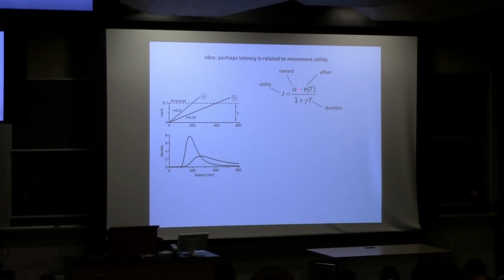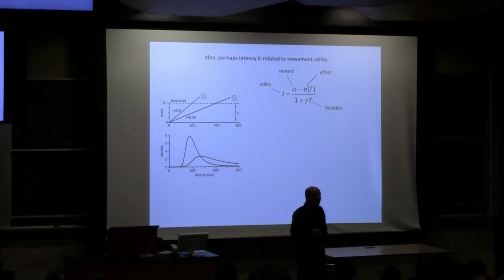It is reward minus effort divided by time. So it's a rate that we're talking about when we talk about utility. Now imagine that during the decision-making period, during the reaction time, you are integrating a rate that's proportional to the utility of the action.